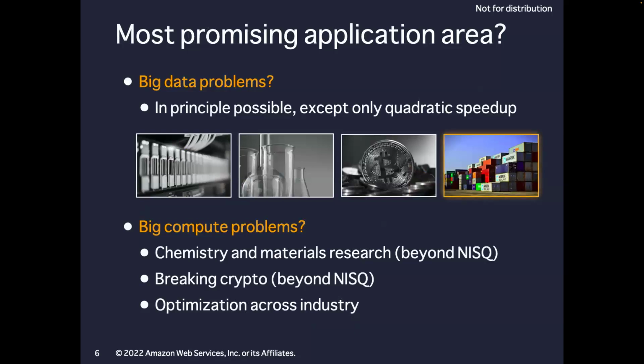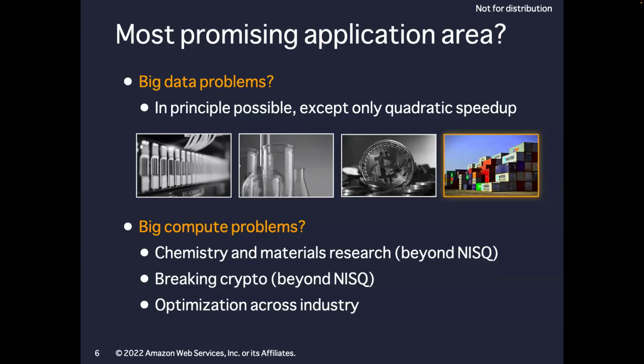So when we look at quantum computing in general, taking a step back from quantum annealing, what are the most promising application areas? I think you can divide computational problems very broadly into what I would call big data and big compute problems. Big data is in principle possible, but as you all know, Grover search only has a quadratic speedup.